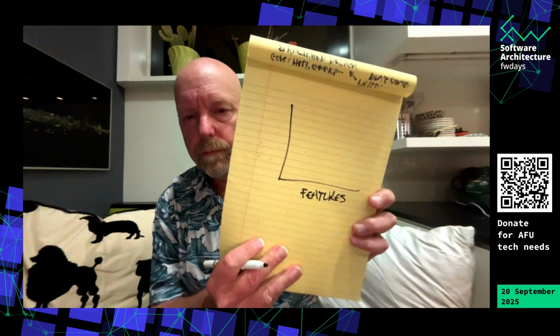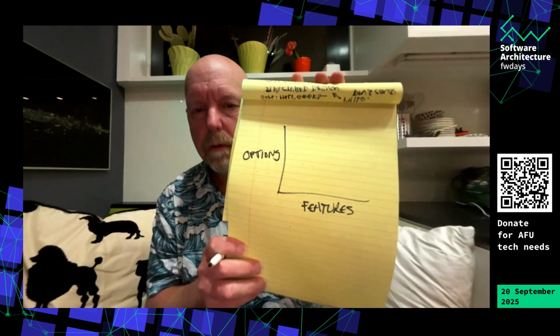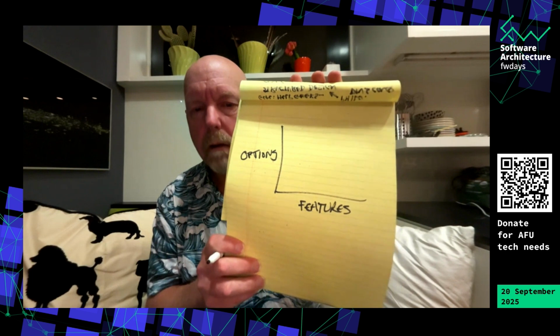If we look at the value of a system, and the features are on one axis, and the options are on the other axis, then we can talk about the trajectory through this space.